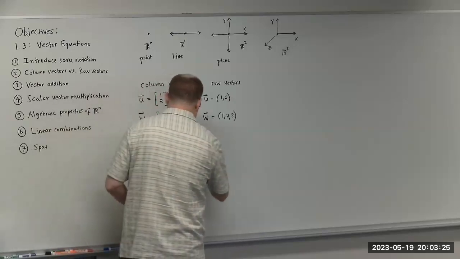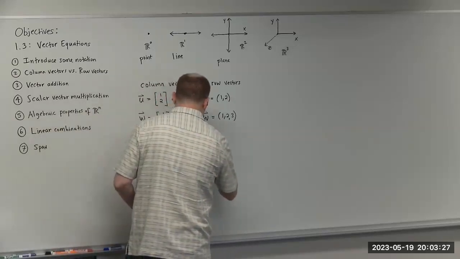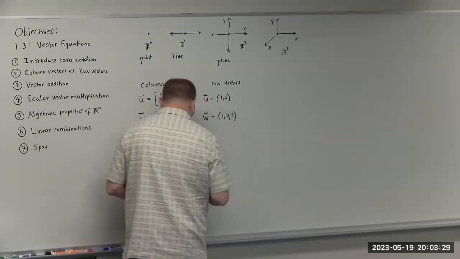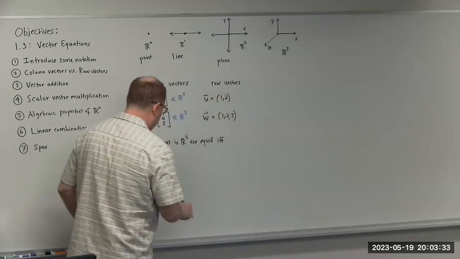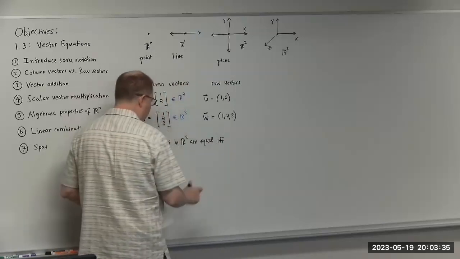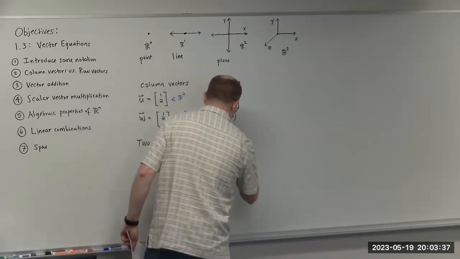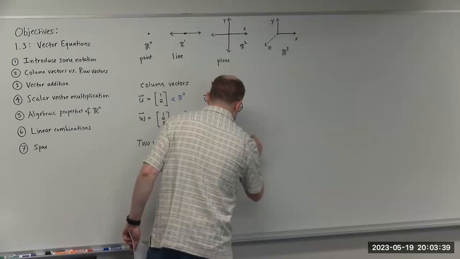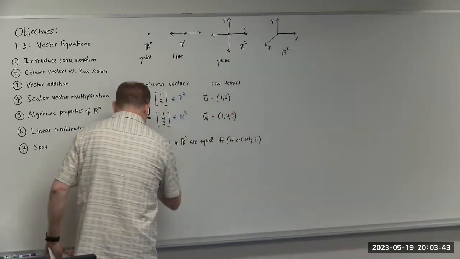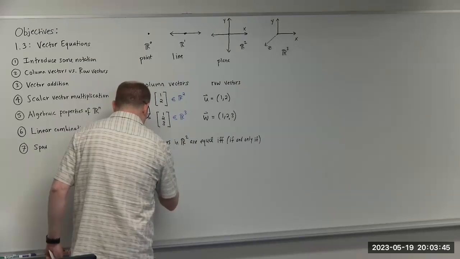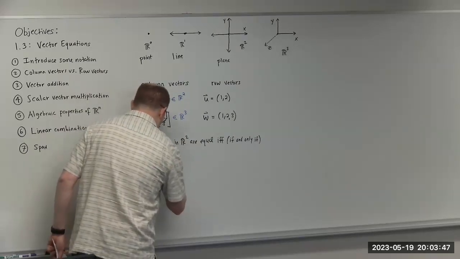Two vectors in R2 are equal to each other if and only if their corresponding entries are equal.